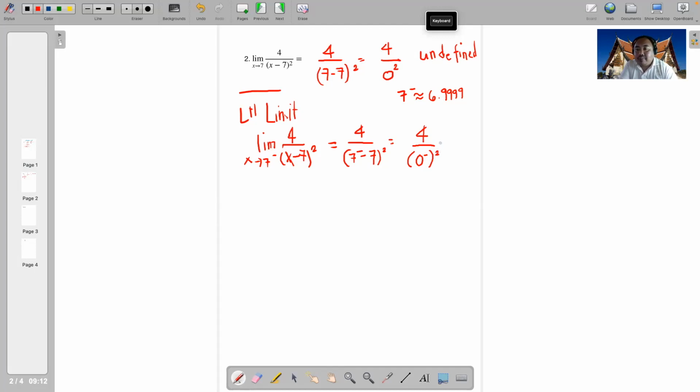Sir, it becomes positive. Tama. A negative number when squared becomes positive. So that means the left-hand limit is positive infinity. This means that the behavior of the function 4 over x minus 7 squared as x approaches 7 from the left is positive infinity. Now let's examine the right-hand limit.